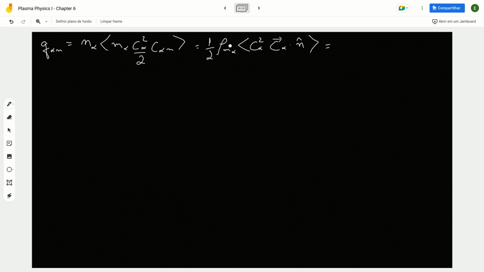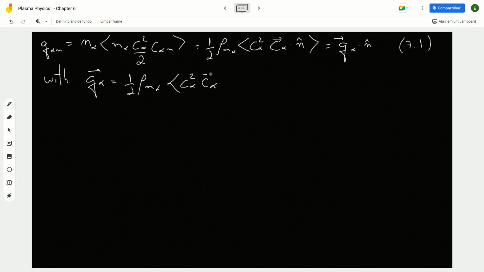And this is equal to the Q alpha dot n, where Q is a vector defined as Q alpha is equal to 1/2 rho m alpha times the fluctuation velocity, like this.